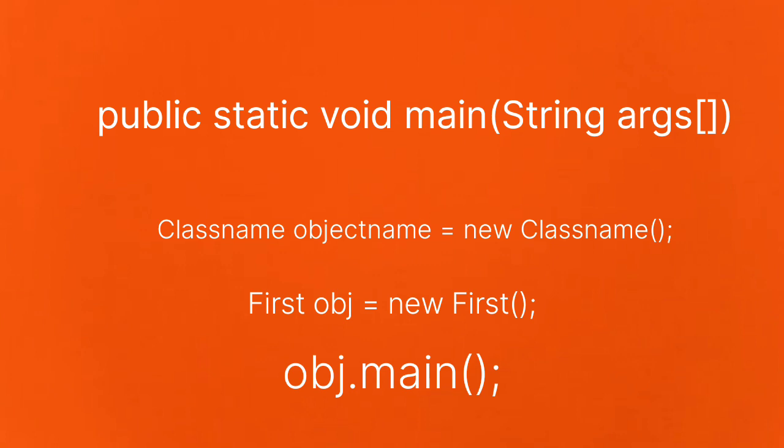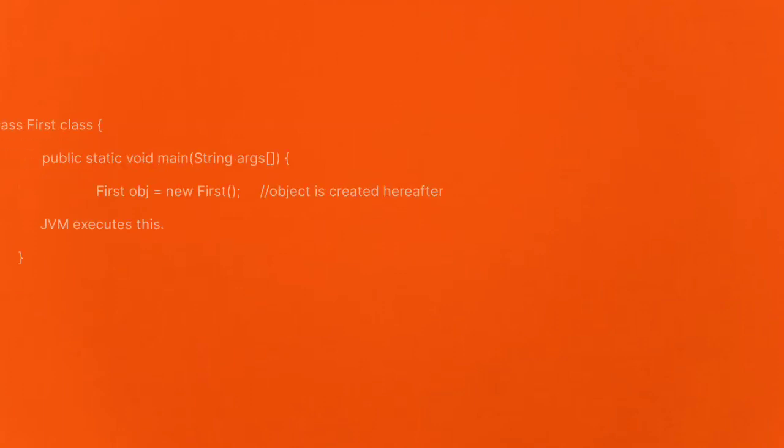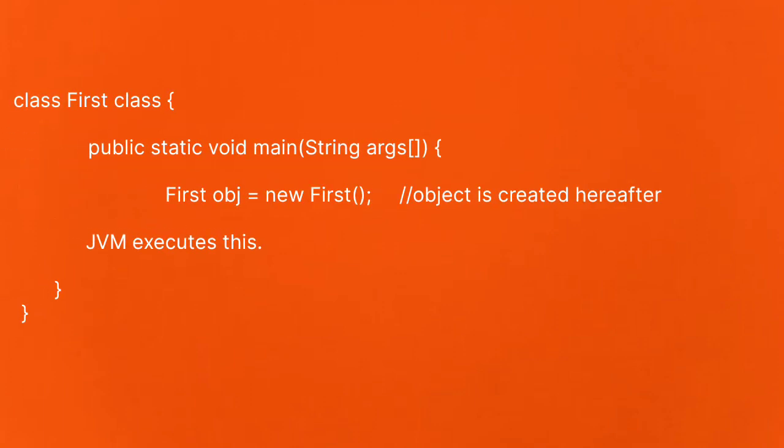So, if we write the statement First obj = new First() inside the main method, then JVM will execute this statement and create the object. By looking at the code, we can understand that an object could be created only after calling the main method. But for calling the main method, first of all, we require an object. Now, how is it possible to create an object before calling the main method?